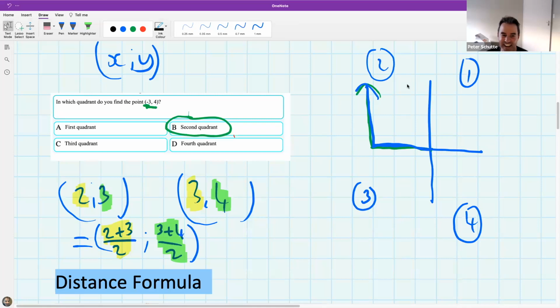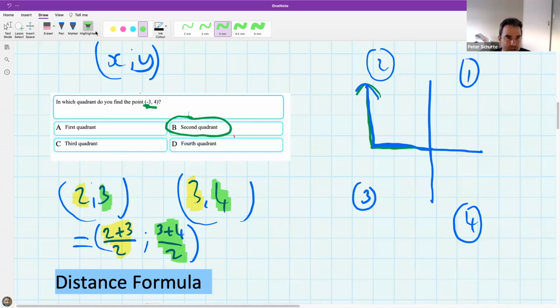Sir, can you hear me? We say 2 plus 3 divided by 2. What if we just did the whole equation and do not add the ones, the numerators? Okay.